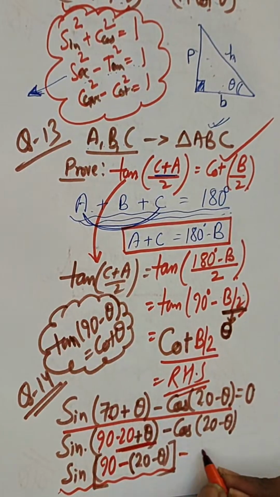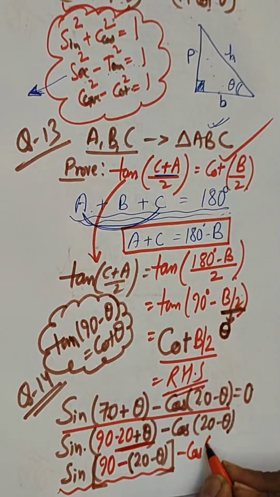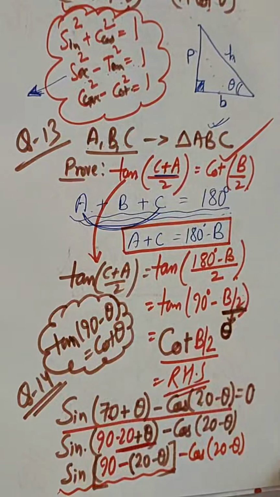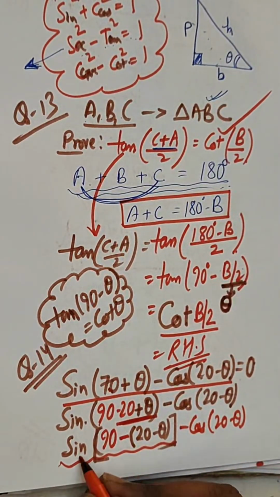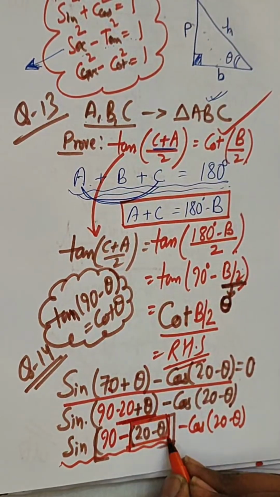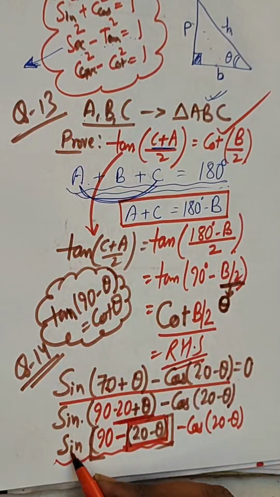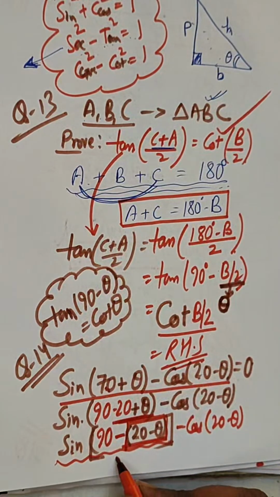Anyway, before proceeding forward, let me write what is given here in the second term: cos of (20 minus theta). And here sine of (90 minus theta), this theta is this one. This (20 minus theta) is your actual theta, my dear friend. So this will give you sine of (90 minus theta), and definitely something is coming to your mind: cos theta.